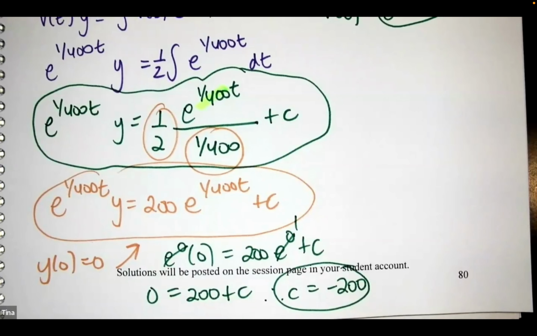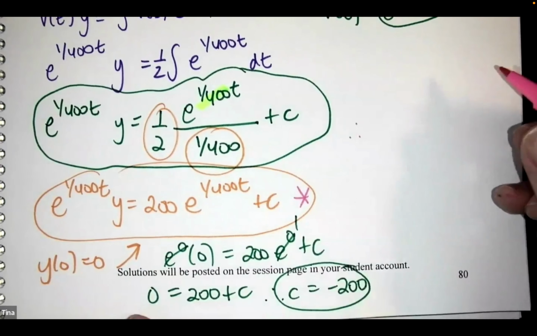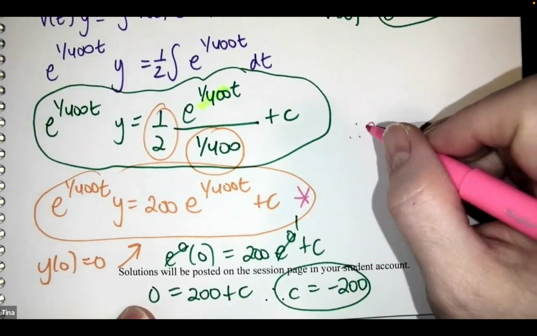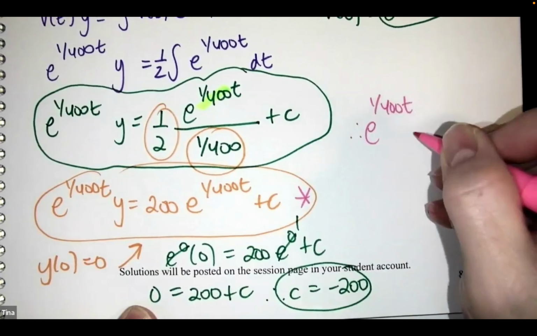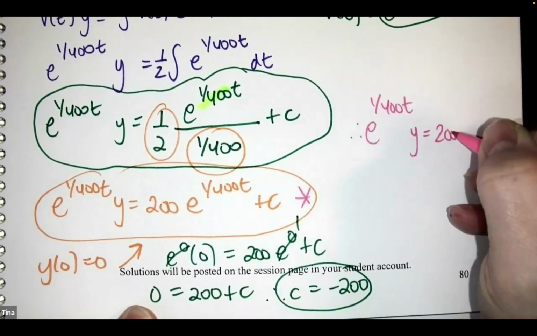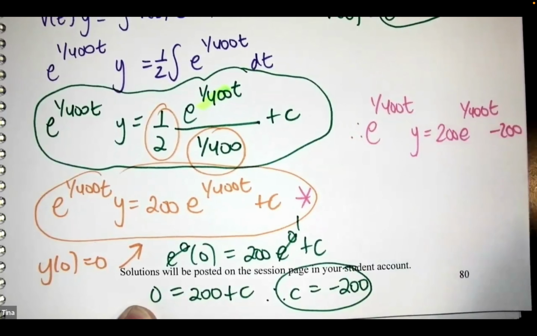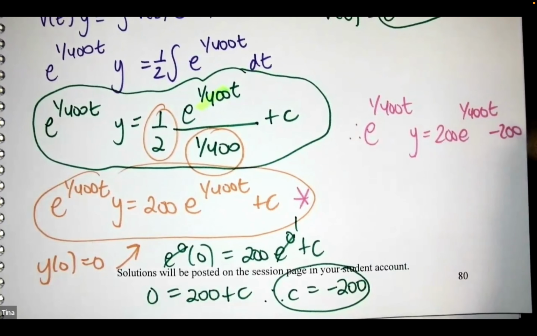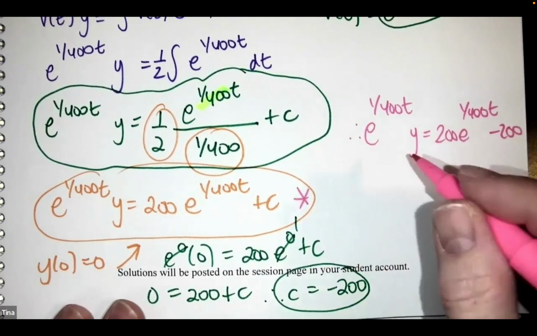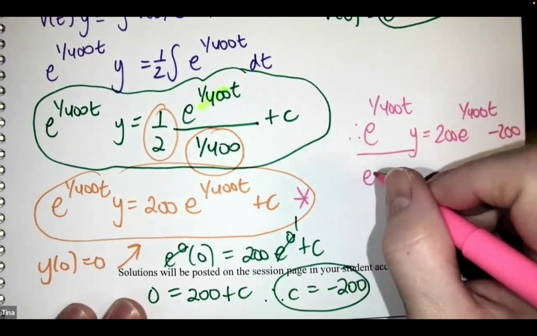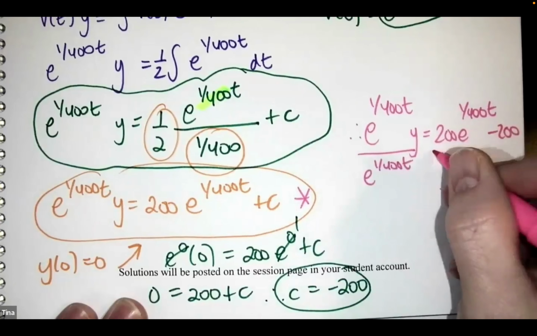So if we put that in right here, we would get e to the 1 over 400 t y equals 200 e to the 1 over 400 t minus 200. So for the final answer, just divide everything by that e to the 1 over 400 t.